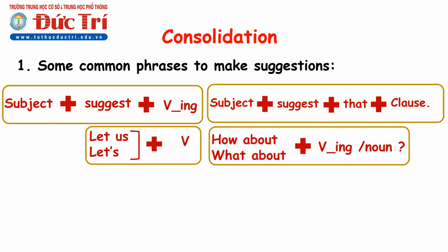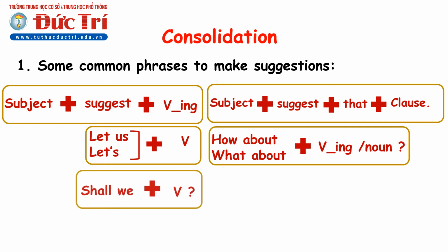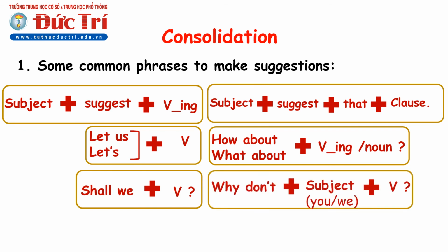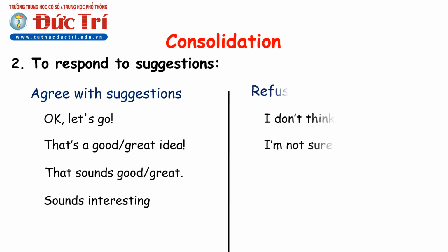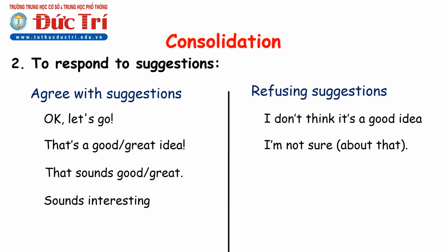How about, what about, go with verb ing or a noun. Shall we goes with bare infinitive. Why don't, with you or we, goes with bare infinitive. We have so many ways to respond to suggestions. You can agree or you can refuse.